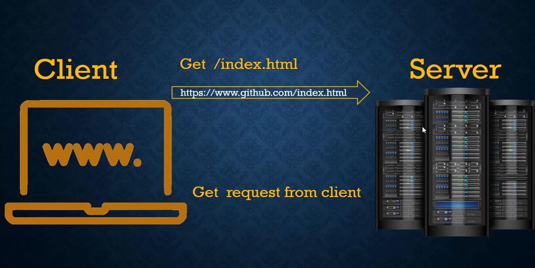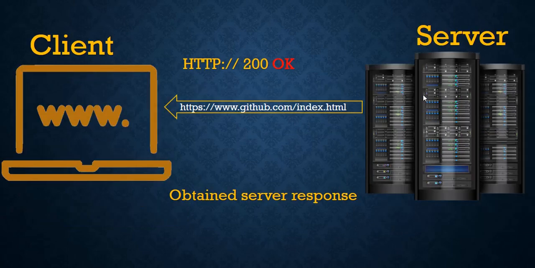Then your web browser will use the IP address and send the request to the server. When it gets to the server, it says, server, please get me index.html. Then your server says, okay, wait, let me check and see if the index.html file is actually there. If the server looks through and sees the index.html file, it says, okay, you can have it.